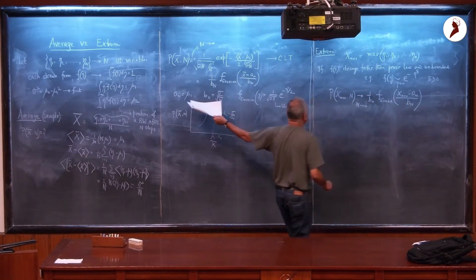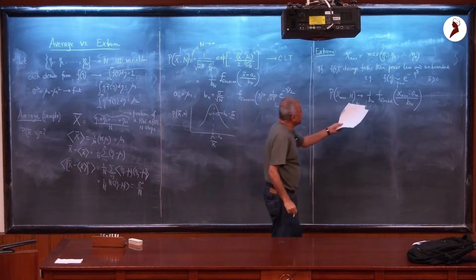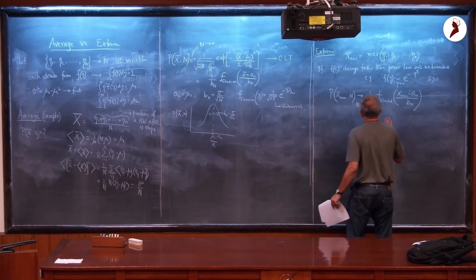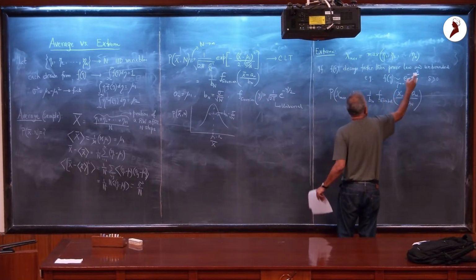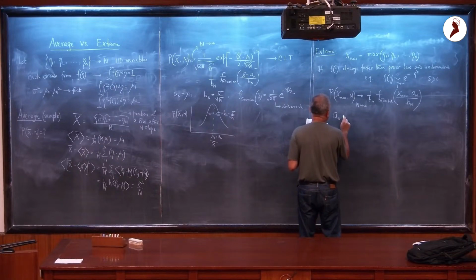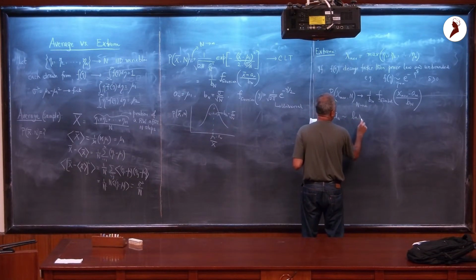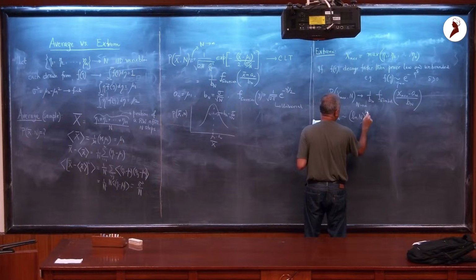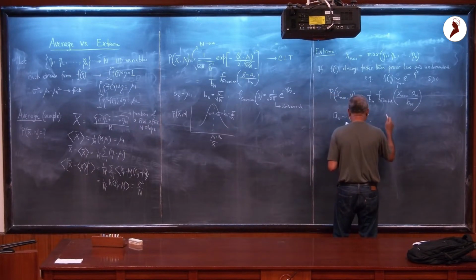And just as in the case of averages, these an and bn are scale factors which depend on the details of how it behaves. For example, we saw that for this particular example, I showed in the class that this should be log n to the power 1 over delta. We saw how to determine an and bn.